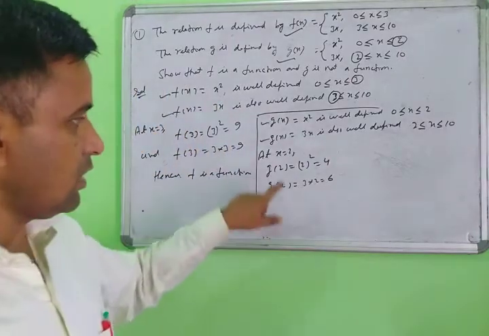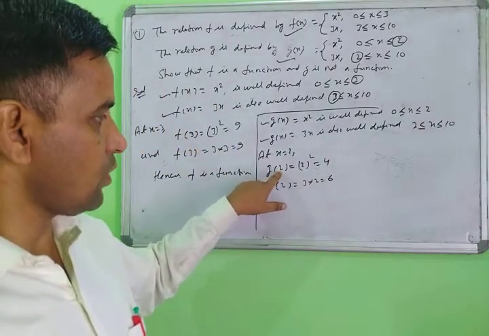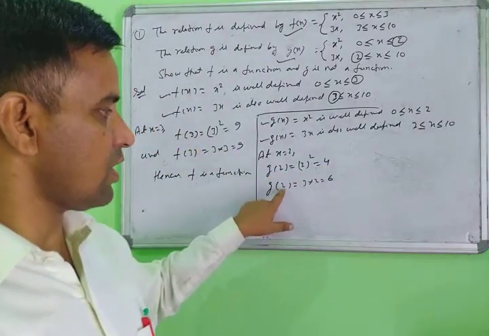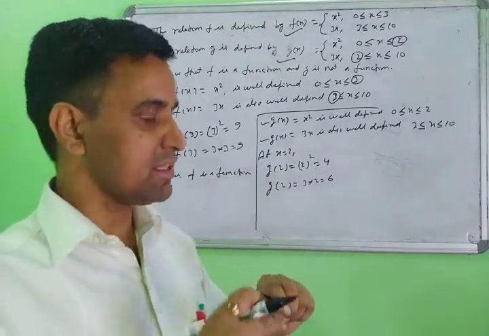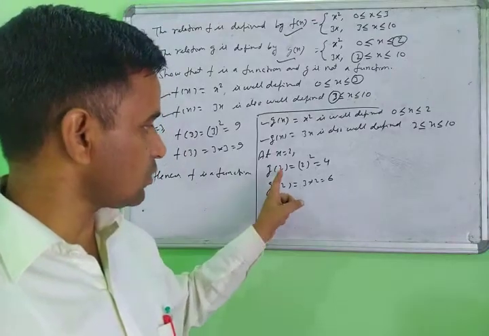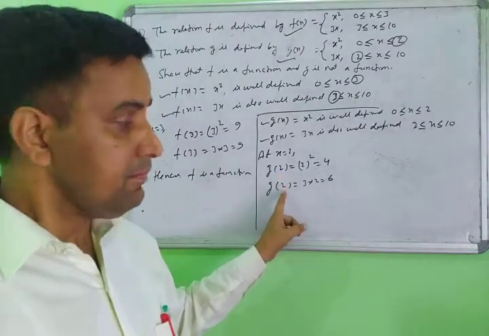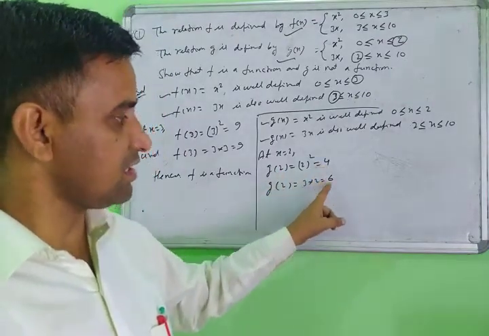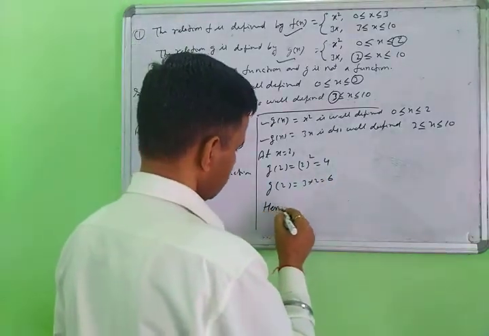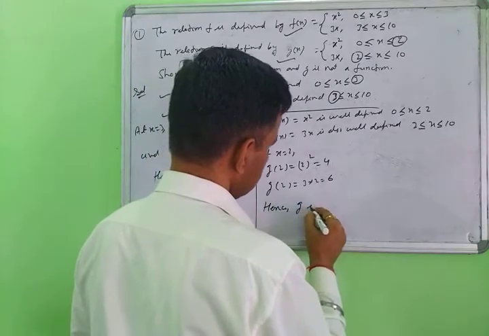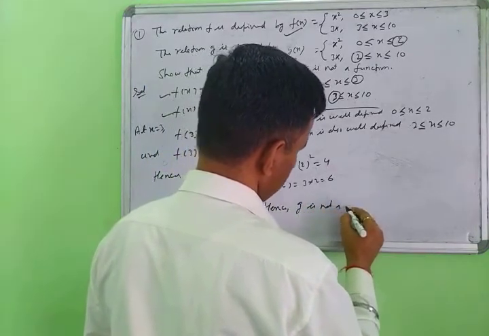It means 2 in this function has the image 4, and in this function 2 has the image 6. That means a single element has different images, because here 2 and 2 are the same element but have different images. So you can say hence g is not a function.